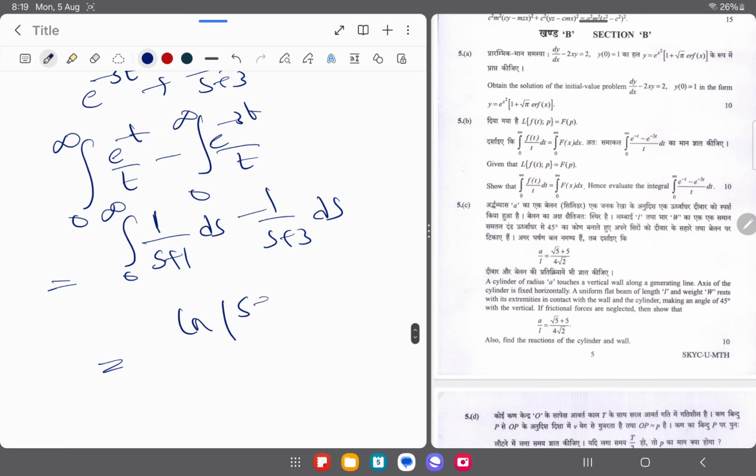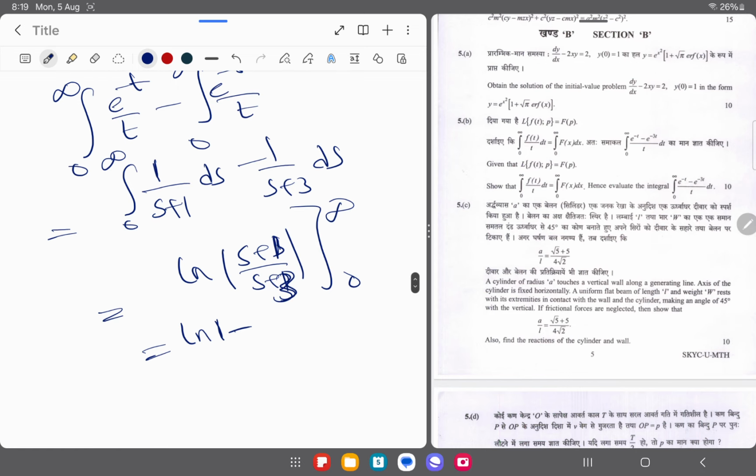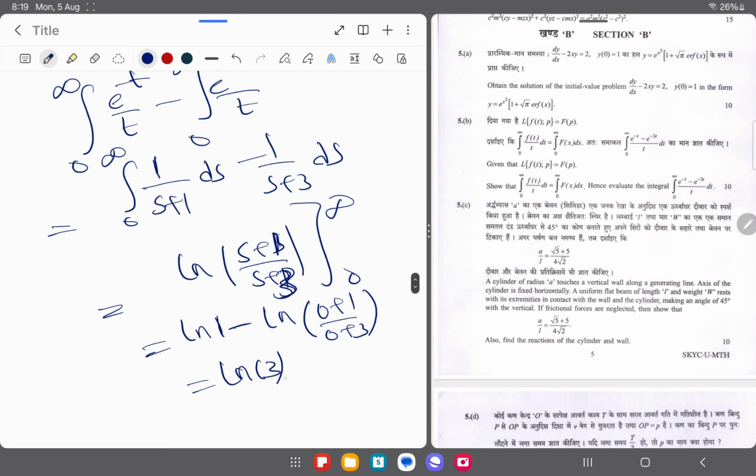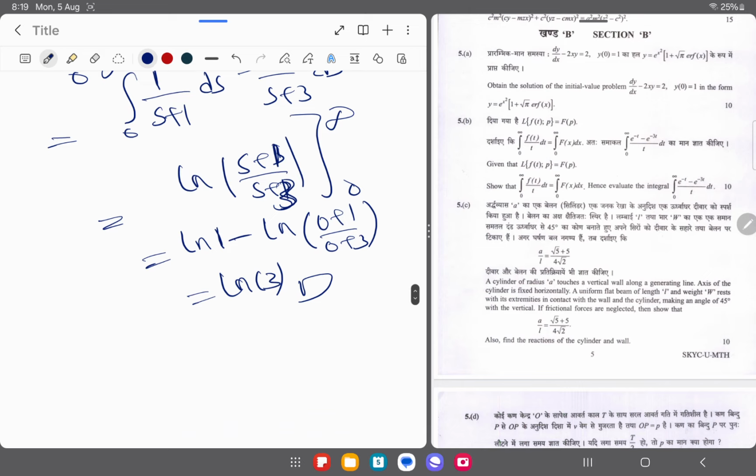This will be ln of s plus 1 by s plus 3, sorry, from 0 to infinity. This will be ln of 1 minus ln of 0 plus 1 by 0 plus 3. This will be log 3. That is for the second question.